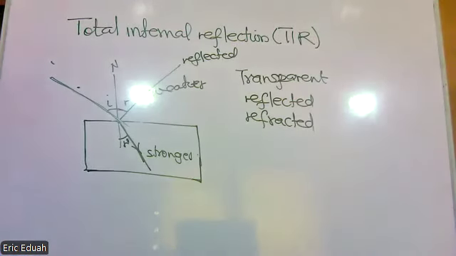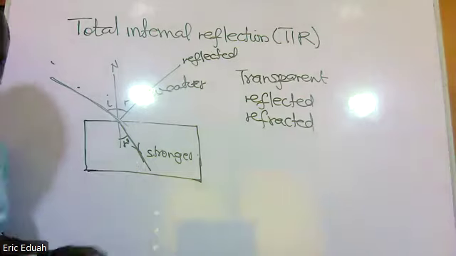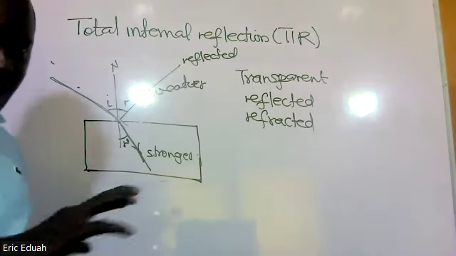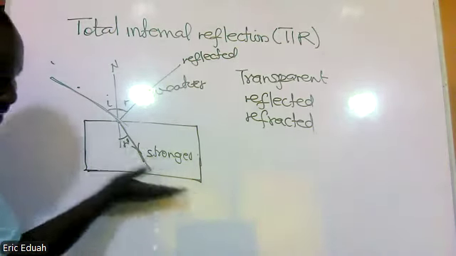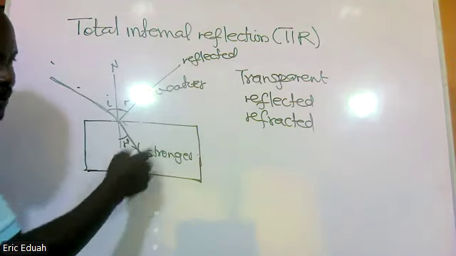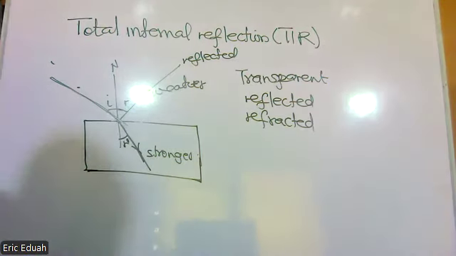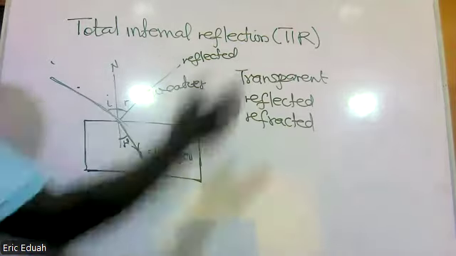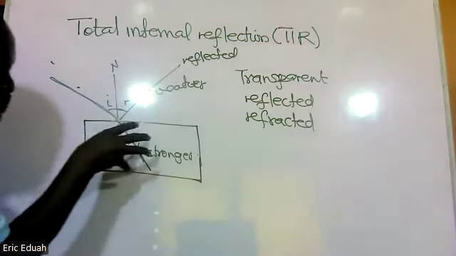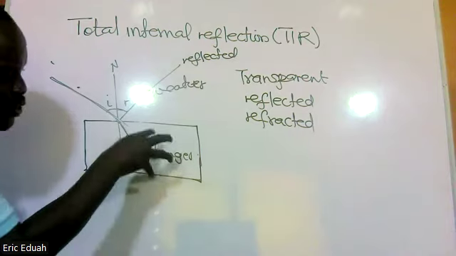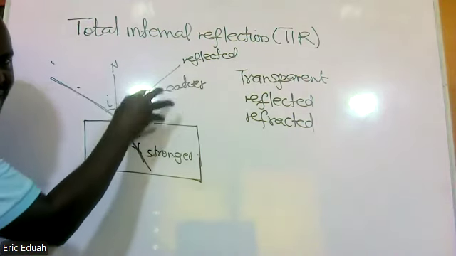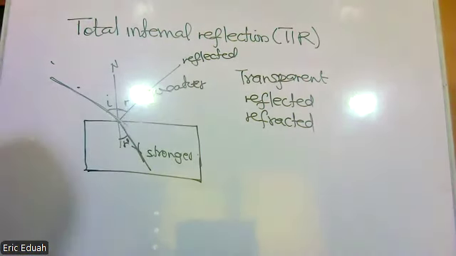And this is because the material is a transparent material. If the material is coated at the back, we have a greater percentage of the incident light being reflected. But because this is a transparent material, we have a stronger refracted and then a weaker reflected. And that is what happens whenever light is incident on a transparent material.